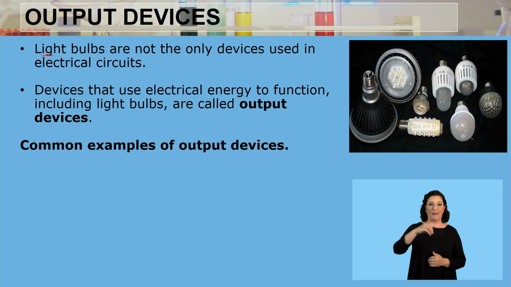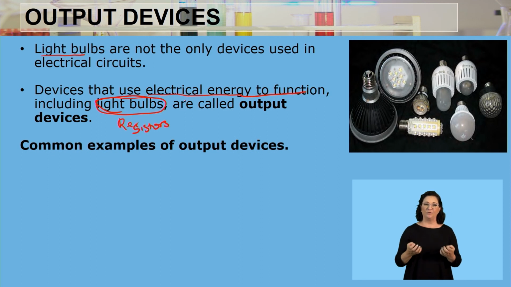We know that light bulbs are not the only devices that are used in electrical circuits. We find various other things in an electric circuit. Devices that use electrical energy to function, including the light bulbs, which are our resistors, are said to be output devices.